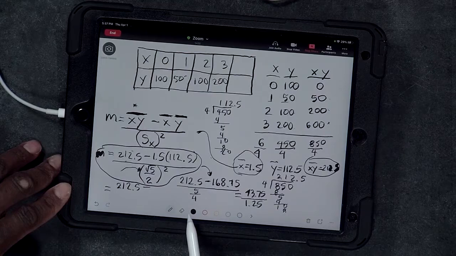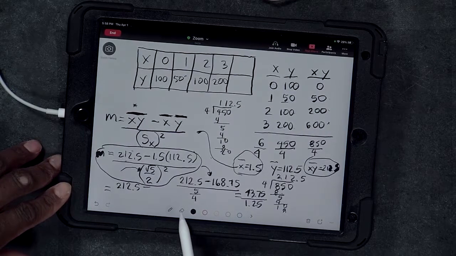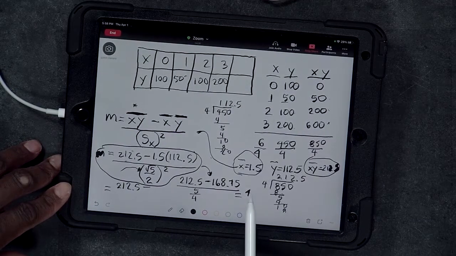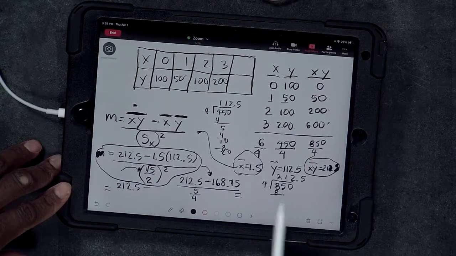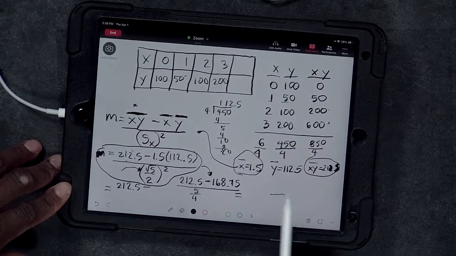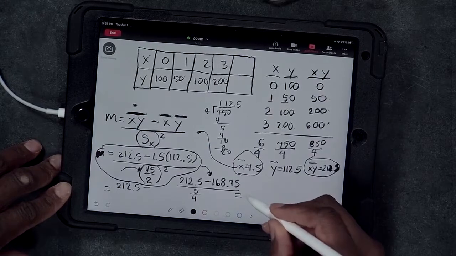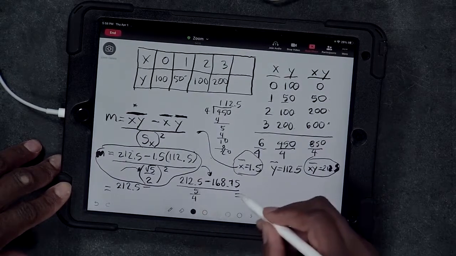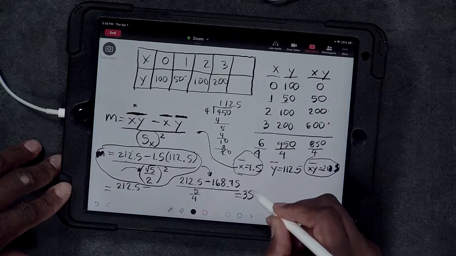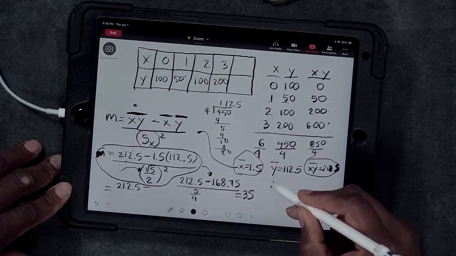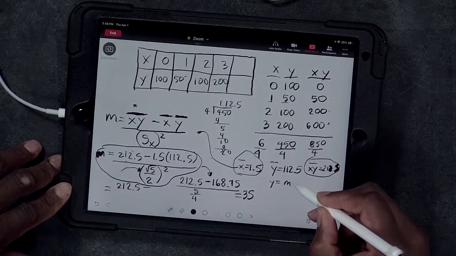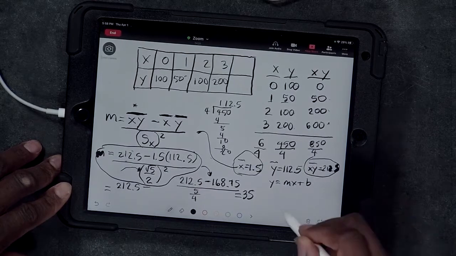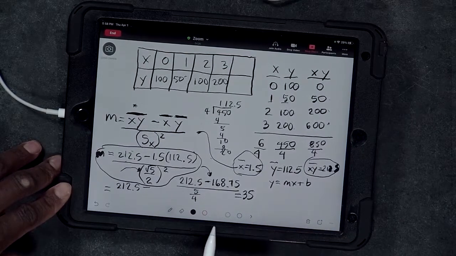Now, just like in Algebra 1, after you find the slope, you then find the y-intercept. I'll do that right here. So our slope is 35. So now you're going to take your slope-intercept equation and substitute in an x value and a y value.